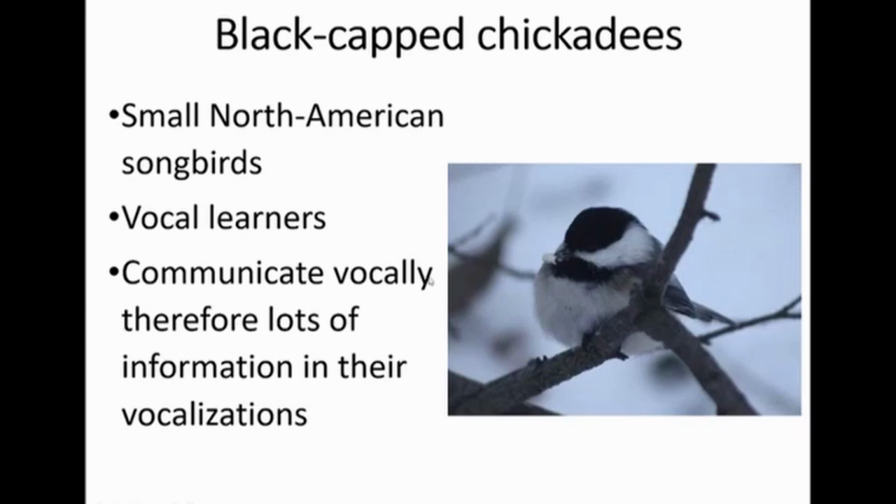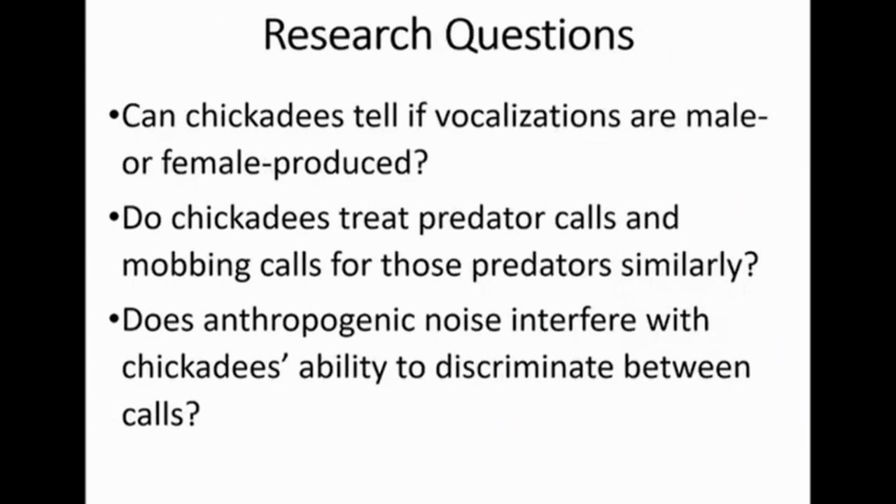All right, so that is a lot about vocal learners and chickadees. But all that we really care about is that these guys produce vocalizations, and they're really good at listening to their own vocalizations. Kind of like how humans are specialized to listen to human speech. Same goes for chickadees and most other species.